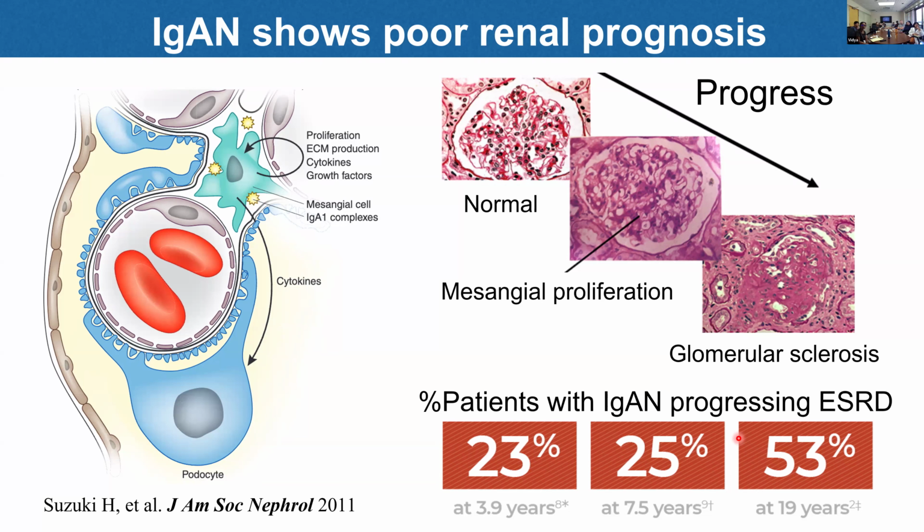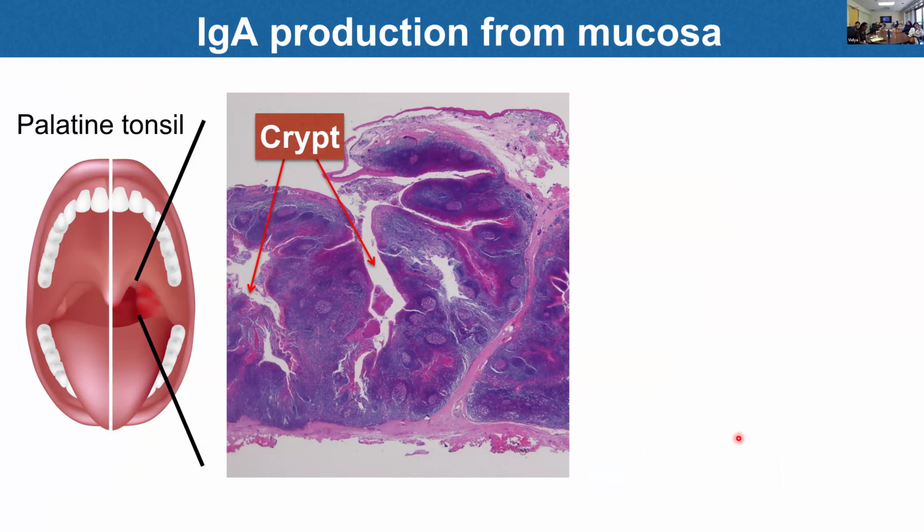So, okay. The next topic is how pathogenic IgA is produced. In order to explain that, let me briefly explain how normal IgA is produced in the human body. Immunoglobulin has 5 isotypes. I think everyone knows: IgG, IgM, IgE, IgD, and IgA.